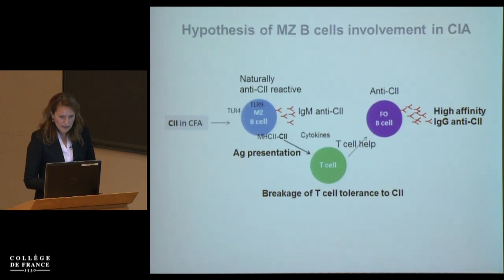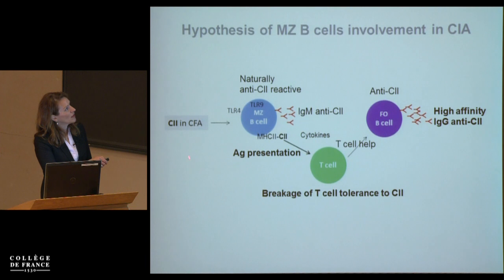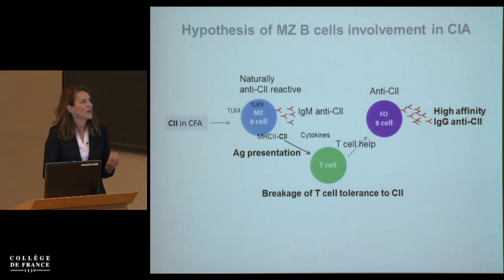So the hypothesis is then that the collagen will activate these natural self-reactive Marginal B cells, which are collagen reactive. And the collagen will stimulate the B cell receptor, which recognizes collagen, and the CFA, which is the complete Freund's adjuvant, contains a lot of ligands that will bind to the toll-like receptors, and that will trigger these Marginal B cells to become activated.